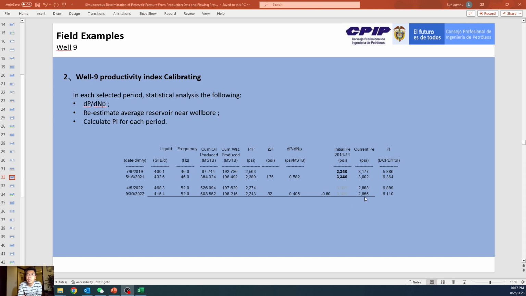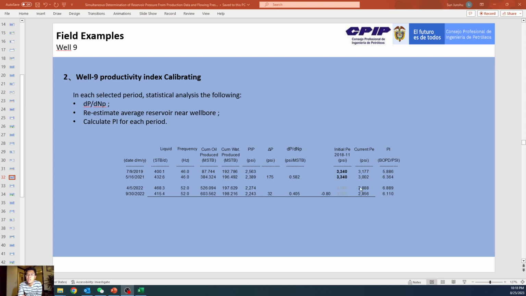We calculate the average reservoir pressure near the wellbore as 2,888 psi and 2,856 psi respectively. And then the PI is 6.9 to 6.1 barrels per day per psi.